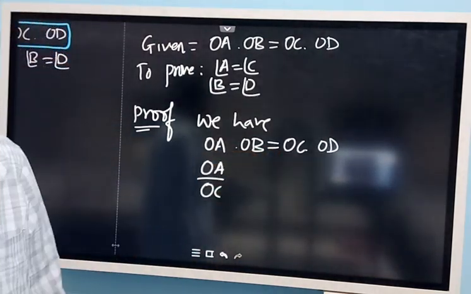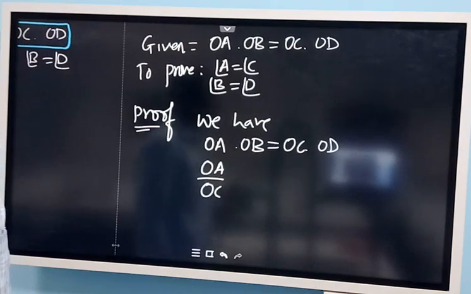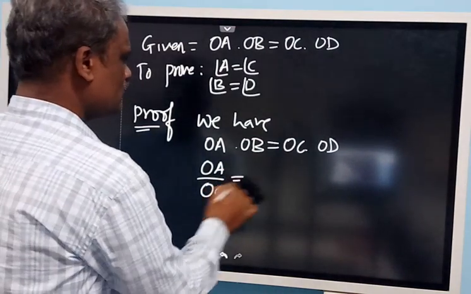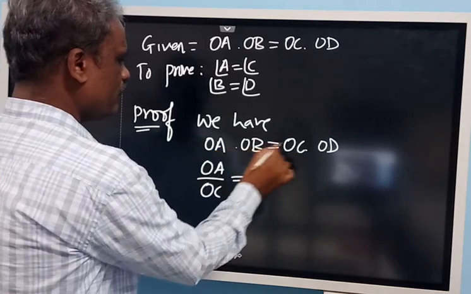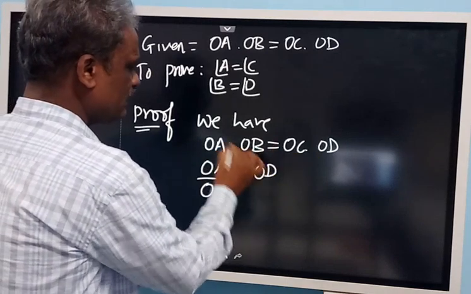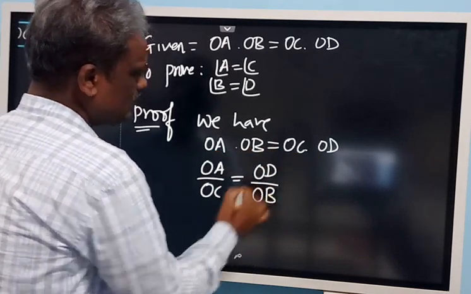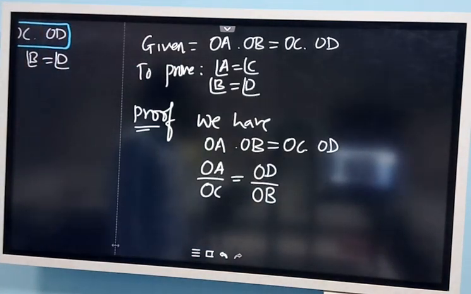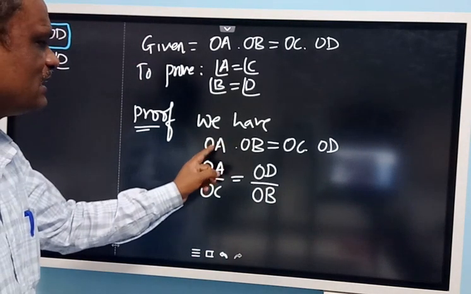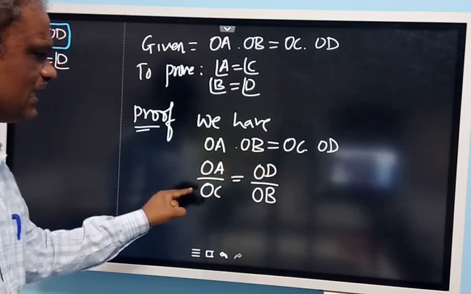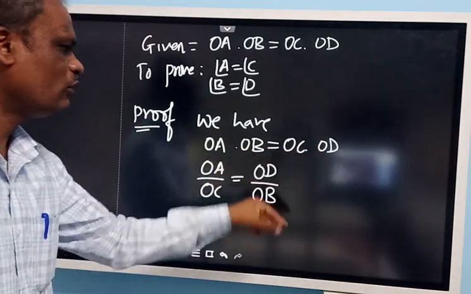Transfer OC to the left side. OA by OC is equal to, what is left out? In the right hand side OD, transfer OB there. Can we write like this? Just cross multiplication. OA kept here only, OC transferred here. OD kept there only, OB transferred here.